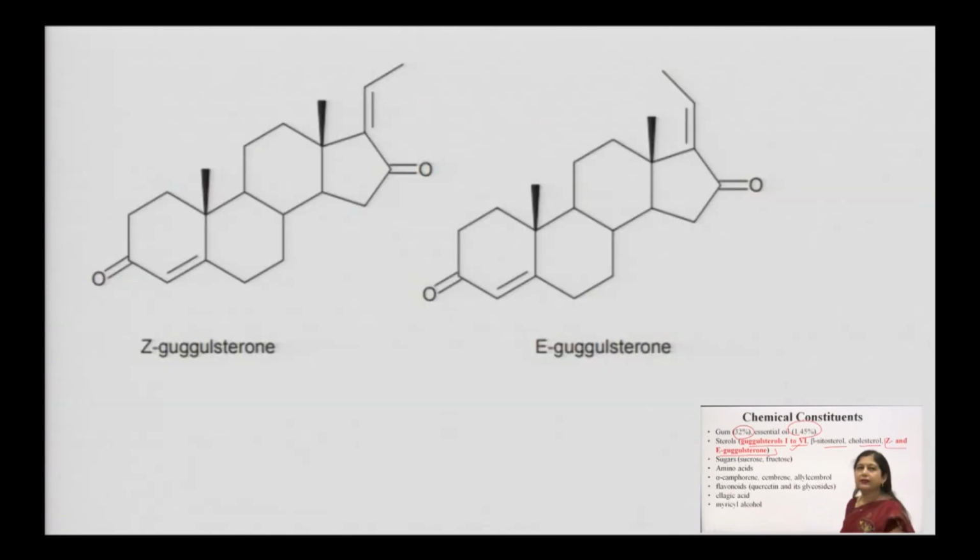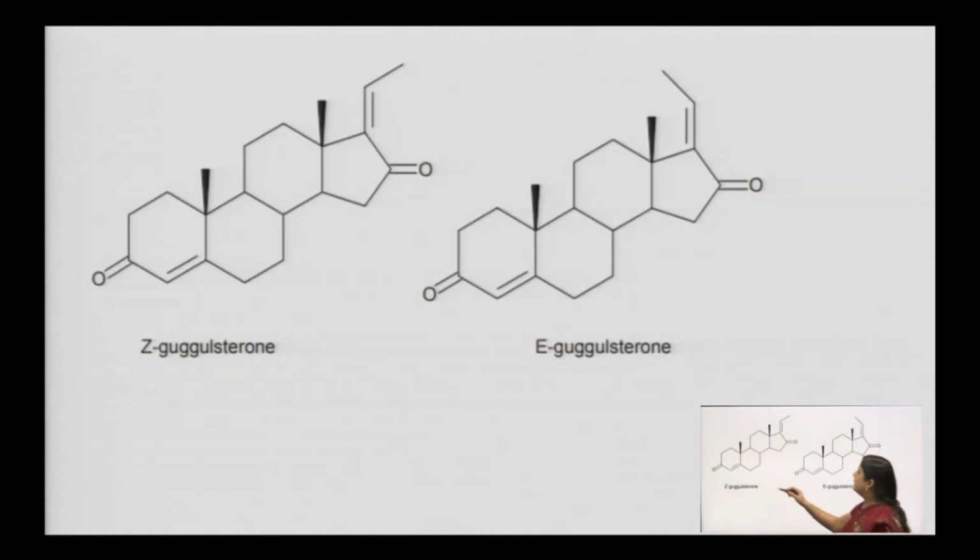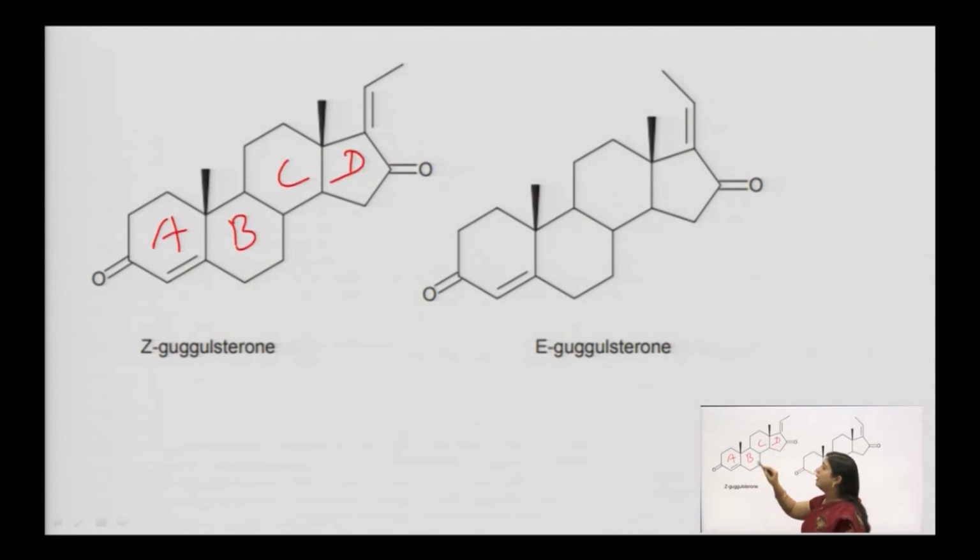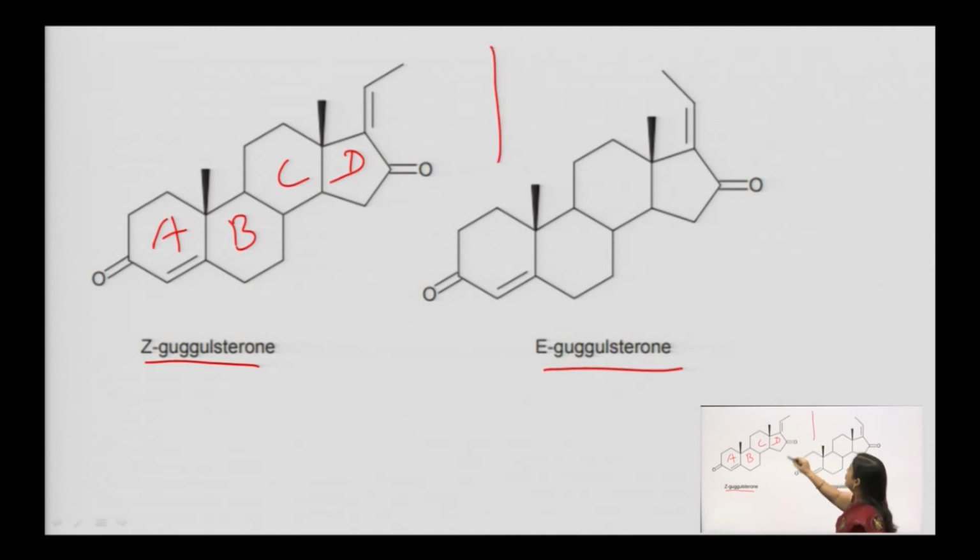Now, if we look at the structure of this, you can see that this is a steroidal ring. We have discussed steroidal ring in our earlier classes when we discussed glycosides. So, here it is having a steroidal ring, and we have 4 rings, A, B, C, D, and we have Z guggulosterone and E guggulosterone, which are the geometrical isomers.